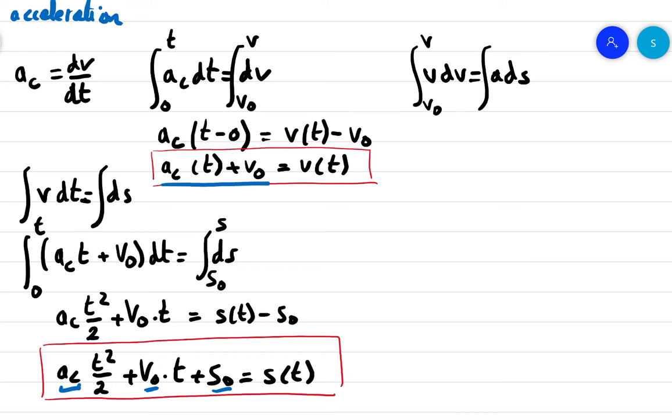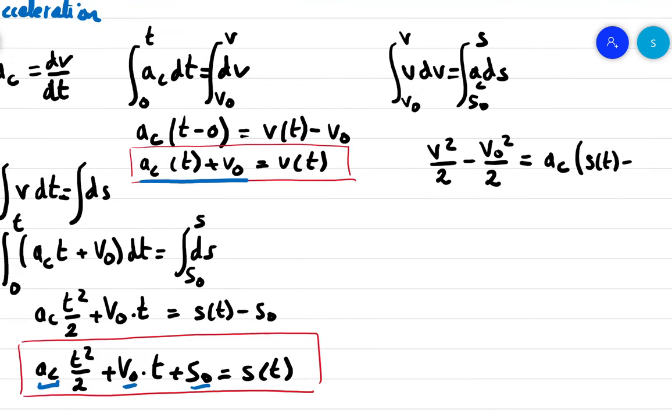And on the right, the little element of integration is ds, so from s naught to s. The integral of v dv is v squared divided by 2, between v and v naught, so minus v naught squared divided by 2. On the right, a is constant, so it's a_C, and the integral of ds is s of t minus s naught.